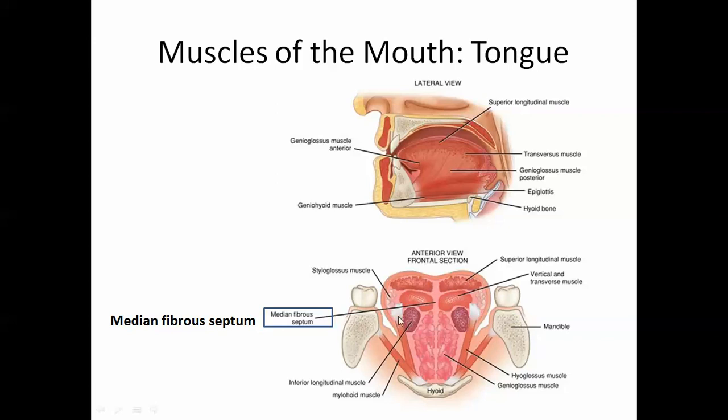And that's because of this median fibrous septum. He didn't cut the muscle, he just cut between the muscle into this connective tissue and was able to separate the muscles because they're paired on each side. So it's pretty wild and cool. So there you go, median fibrous septum.